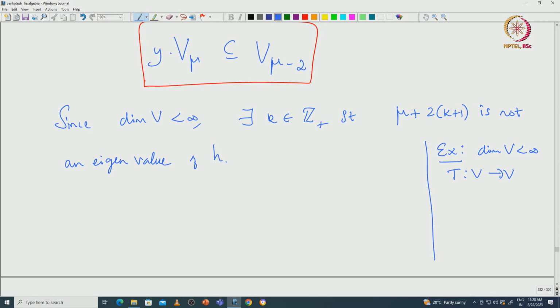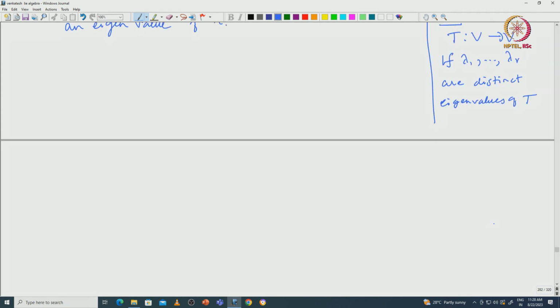If lambda_1, etcetera, lambda_r are distinct eigenvalues of T, and v_1, etcetera, v_r are corresponding eigenvectors, then one can prove that v_1, etcetera, v_r must be linearly independent.